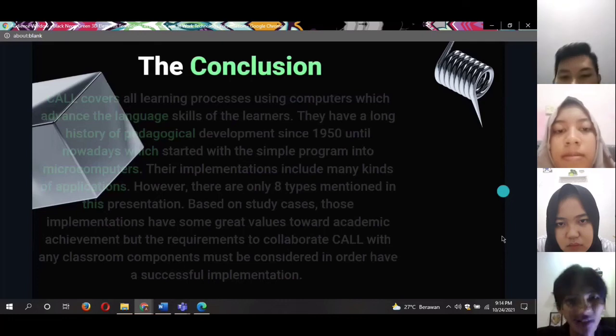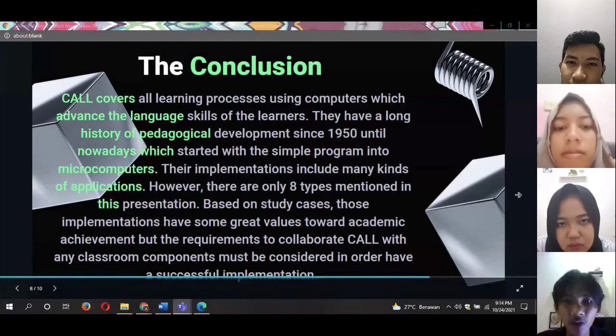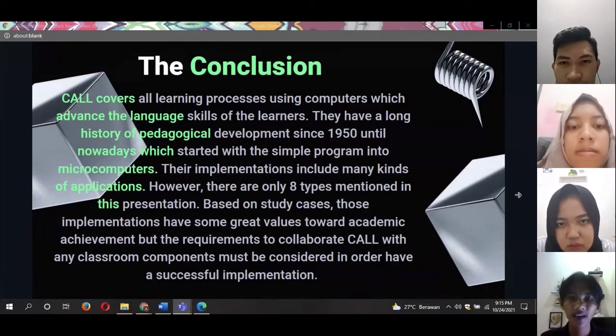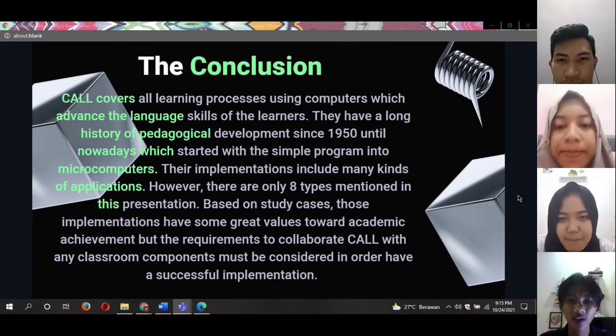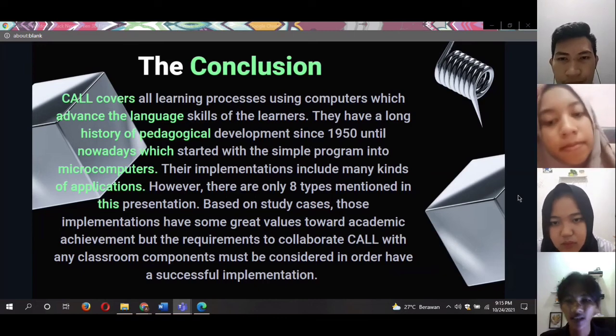The conclusion. CALL covers all learning processes using computers which advance the language skills of the learners. It has a long history of pedagogical development since 1950 until nowadays, which started with simple programs and moved into microcomputers. Its implementations include many kinds of applications.